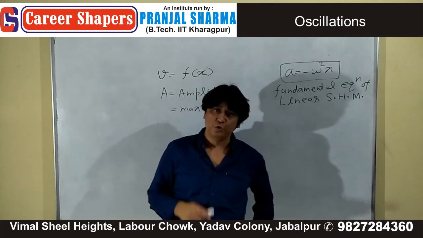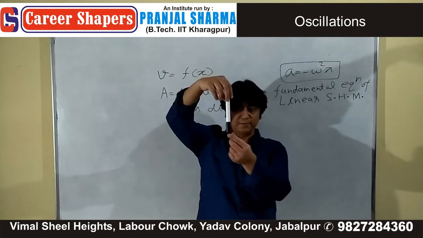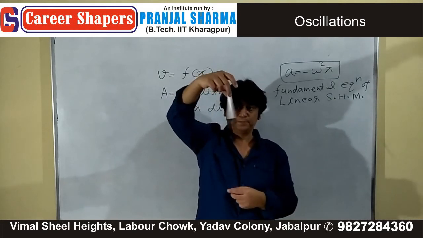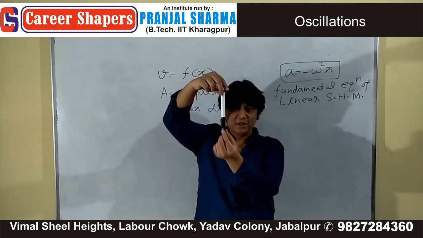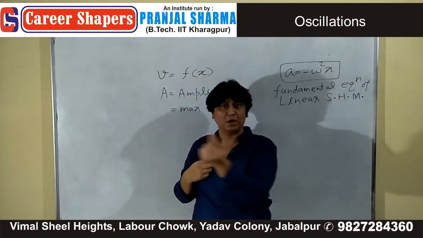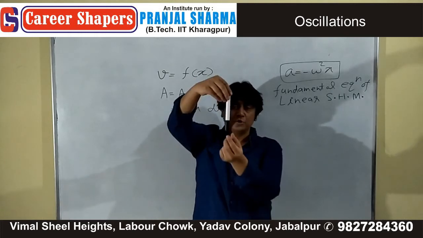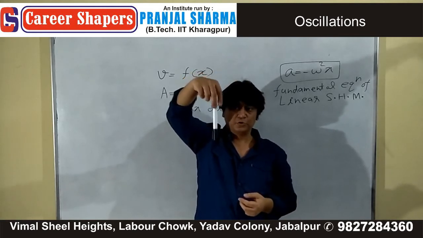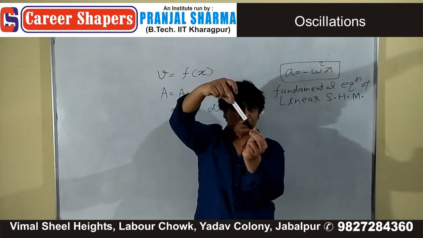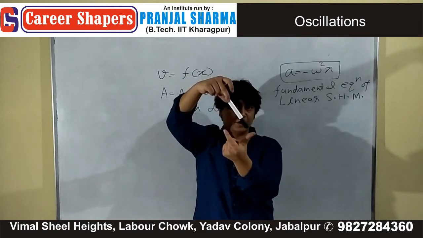At amplitude, you know something. Let's talk about this and just look at the tip. If you look at the tip, and if angles are small, just assume that this tip is executing linear simple harmonic motion. So the tip part, as it moves, this position, the farthest position from mean position, that's your amplitude.